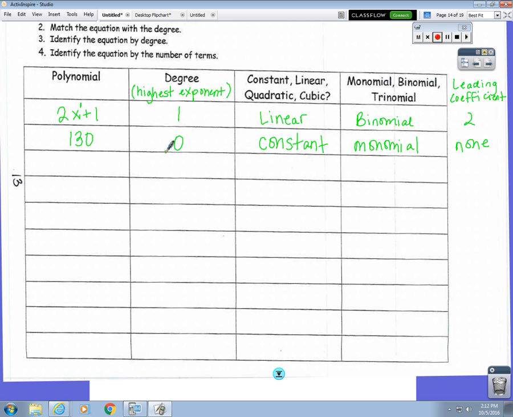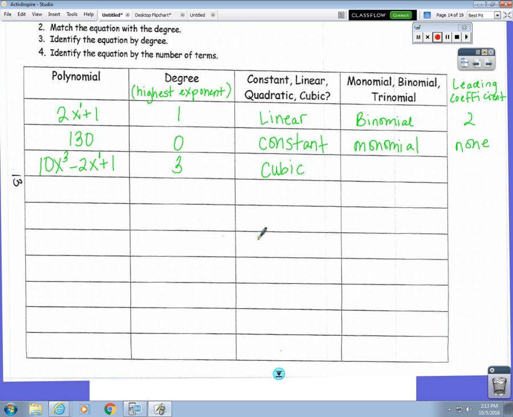Okay, the next polynomial is 10x cubed minus 2x plus 1. What is the highest exponent out of all three terms? A 3. Because isn't this next one to the first power? So which exponent is higher? The 3. Whenever you have a degree 3 polynomial, that's known as cubic.